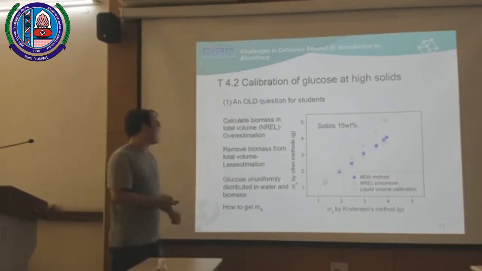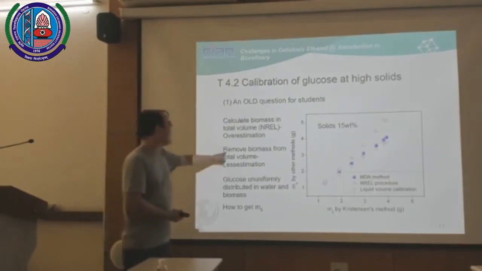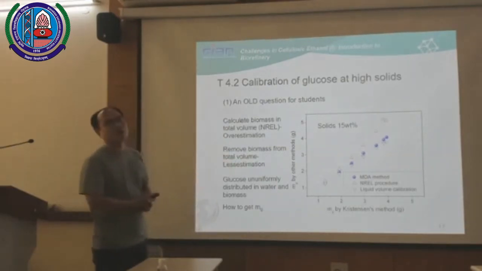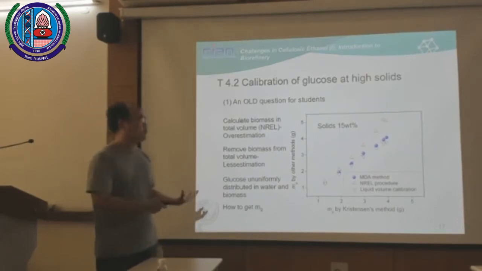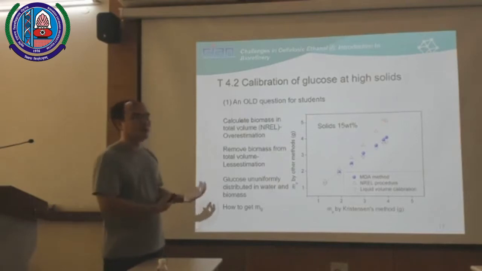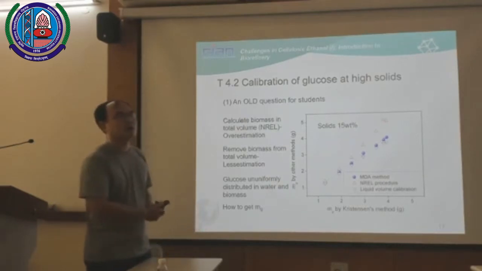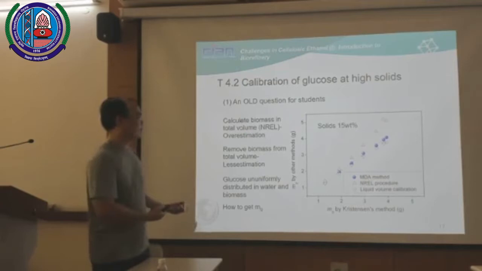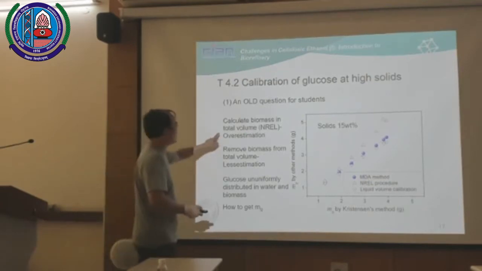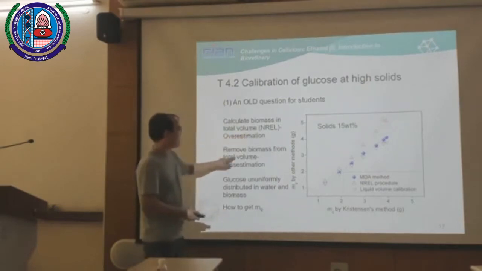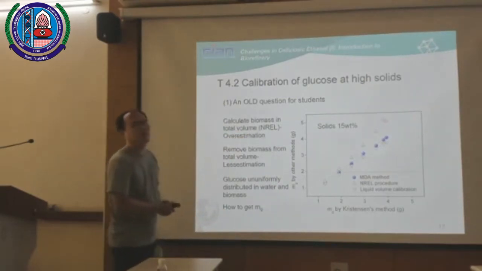With another method, we have to remove the biomass from the total volume, leaving only liquid. Then we can test the properties of the liquid. The liquid is a glucose solution, and we can test the parameters there. So I compared the NREL method and the liquid volume calibration method.